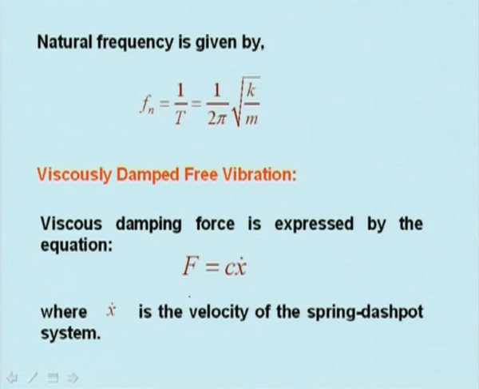Viscous damping force is expressed by the equation F is equal to c x dot, where x dot is the velocity of this system. We should also put a minus sign, minus c x dot, because it is in the opposite direction.